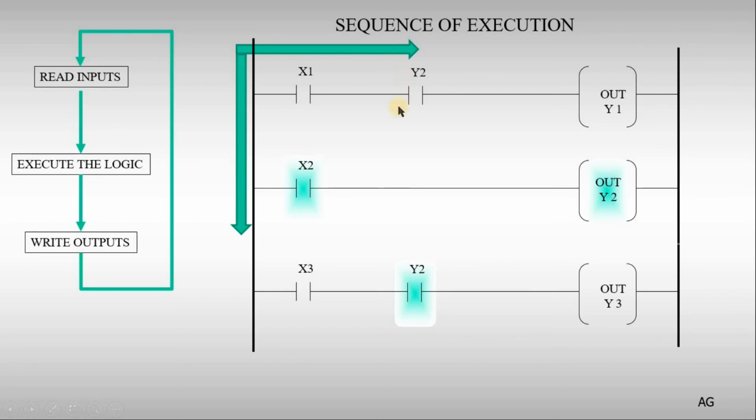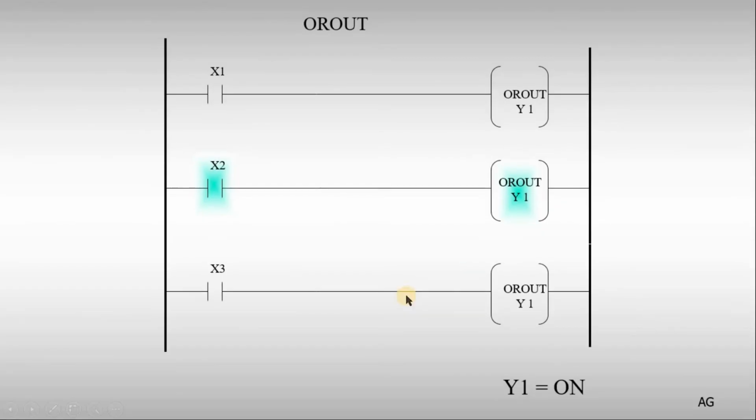So even if it's in the same segment, because Y2 in the middle had changed status, in the next rung Y2 becomes true, or 1. We will see this in more detail when we have hands-on with the PLC. We will try to do these examples to see if this is really how the PLC reacts, and how you can do it yourself to make sure this is how the PLC reacts.